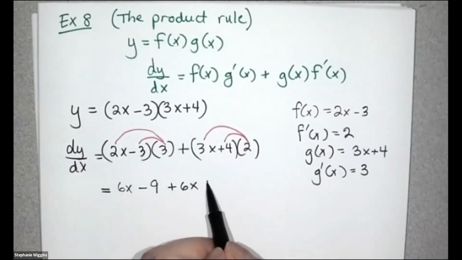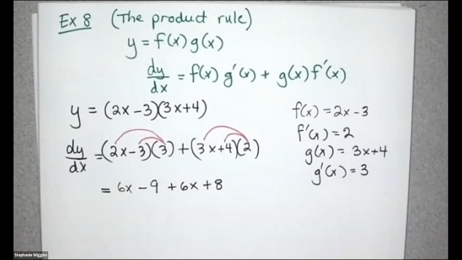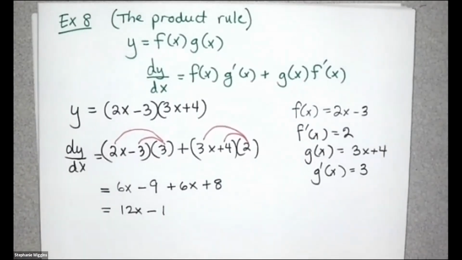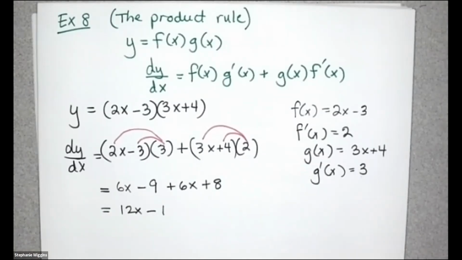And 2 times 4 is 8. So now I'm going to combine like terms. 6x plus 6x is 12x. Negative 9 plus 8 is negative 1. So this is my derivative.